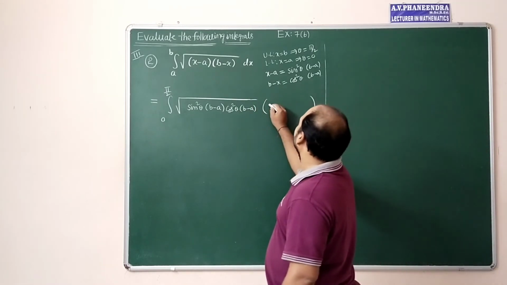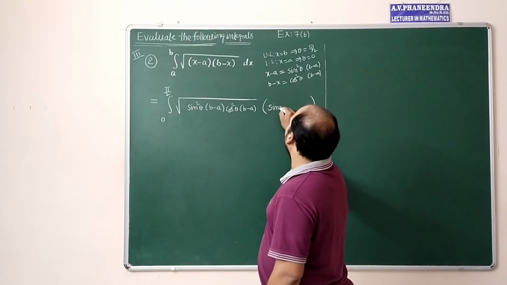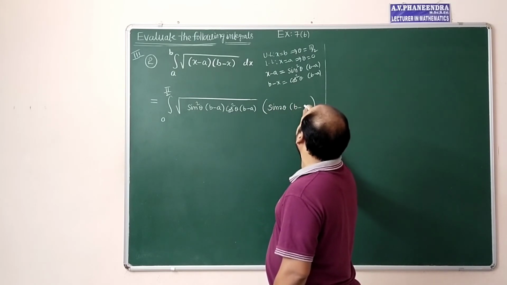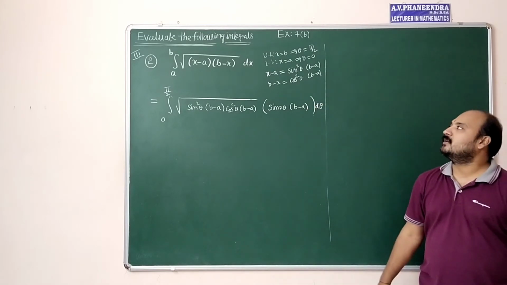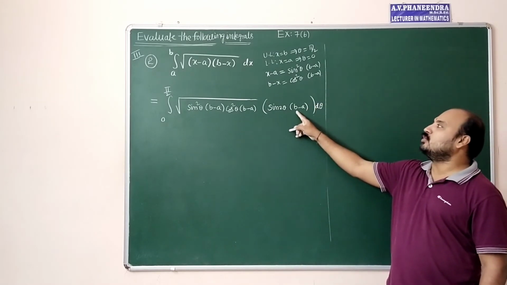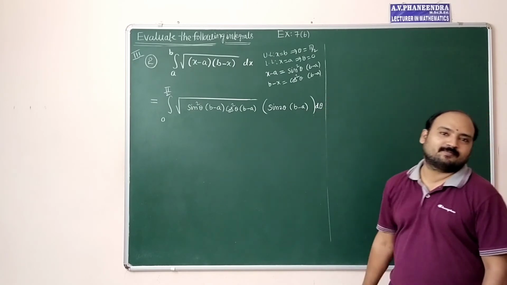Dx value is sin 2 theta into b minus a into d theta. This is the information.